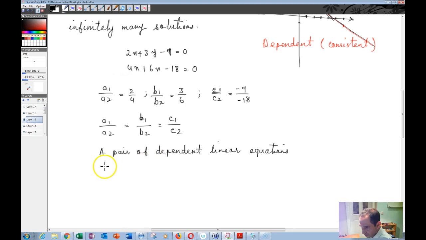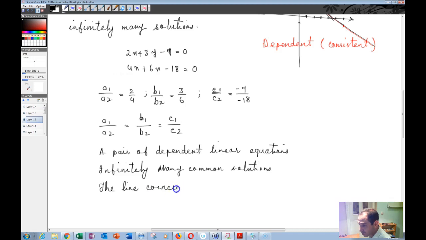and what that means is that you have infinitely many common solutions, and that means that the lines actually coincide.